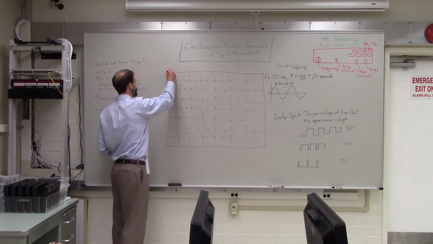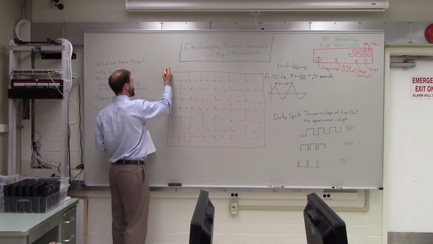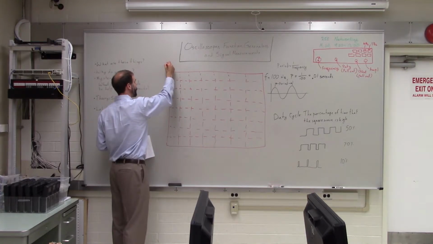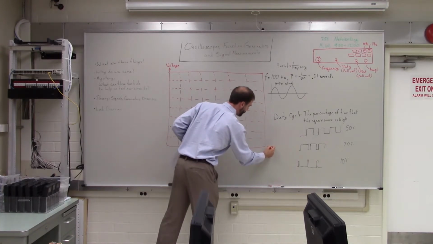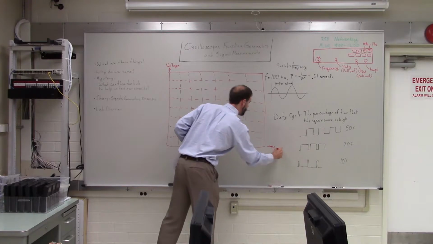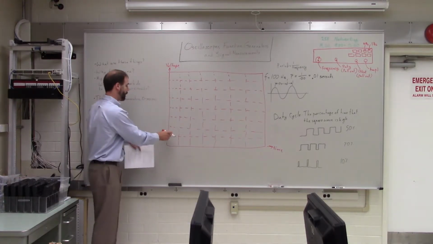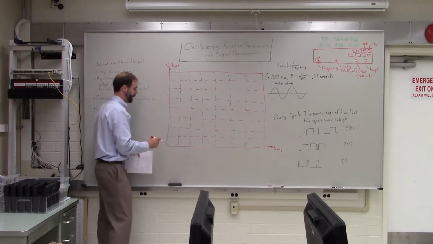So on our screen here, the y-axis, the vertical axis, is voltage. And the horizontal axis here is time. And these boxes represent increments of voltage and time.